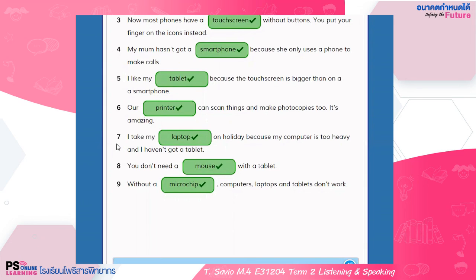I take my laptop on holiday because my computer is too heavy and I haven't got a tablet. Number 8. You don't need a mouse with a tablet. And number 9. Without a microchip, computers, laptops, and tablets don't work.